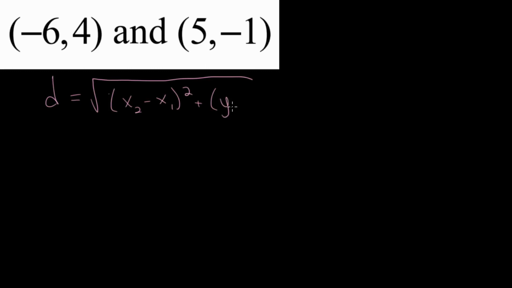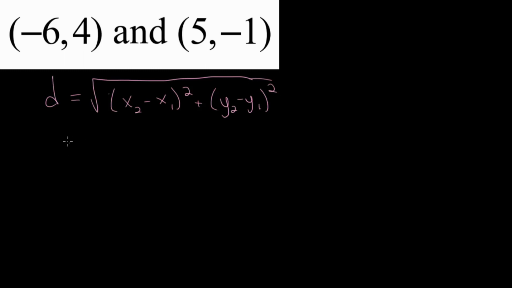Now, when finding the distance between 2 points, there are two main approaches. One is that we can use the distance formula, where d, the distance between the 2 points, is the square root of the difference between the x values, we can call those x2 and x1, squared, plus the difference between the y values, which we can call y2 and y1, squared.